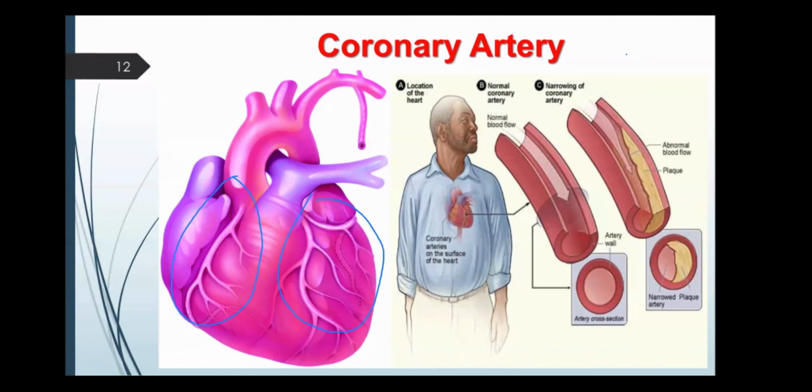They are supplying blood to the heart. So what is a heart attack? These tubes become blocked. When these tubes become blocked, the heart no longer receives any blood, and a portion of the heart dies, which is called a heart attack.